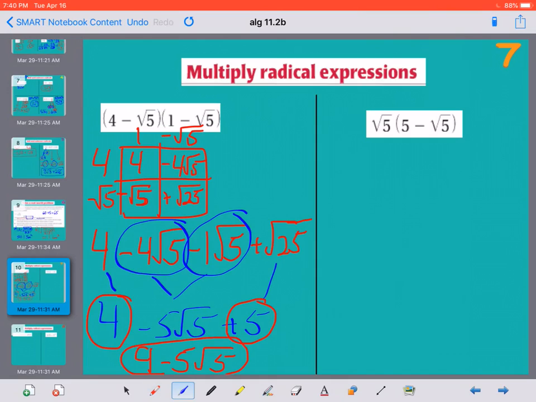Here all we're doing is distributing the square root of 5. So for this one, I'm going to have 1 times 5, so it'll be 5 times the square root of 5, minus, this time I'm going to multiply 2 square roots of 5, so I get the square root of 25.